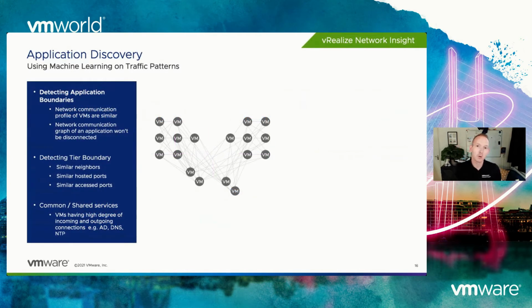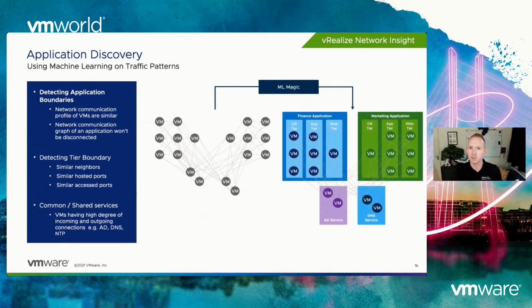So let's talk a little bit about the features that make this possible, starting with application discovery in vRealize Network Insight. Basically, it takes this web of communication network flows that happens within your environment and then makes sense of it.